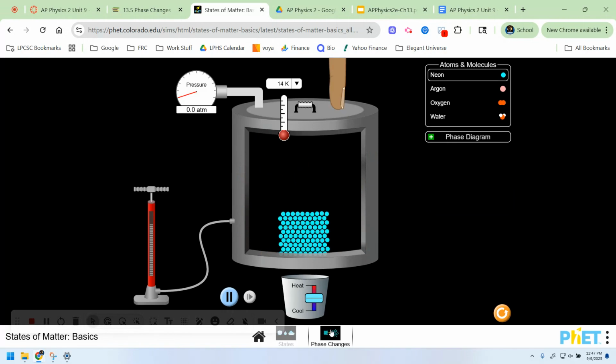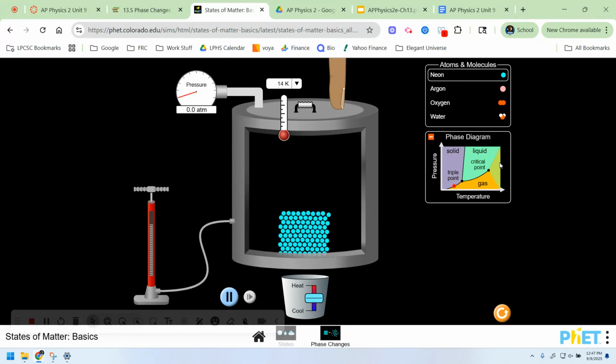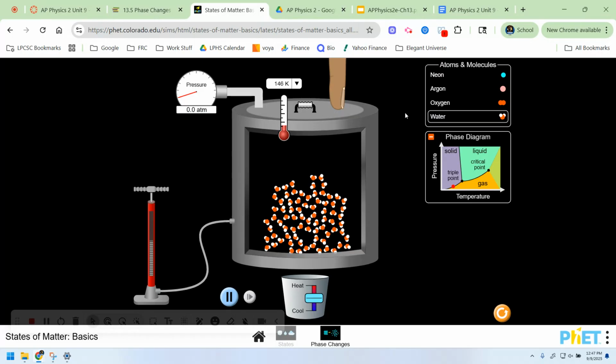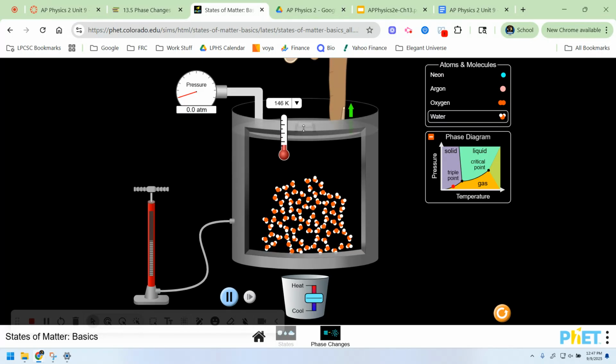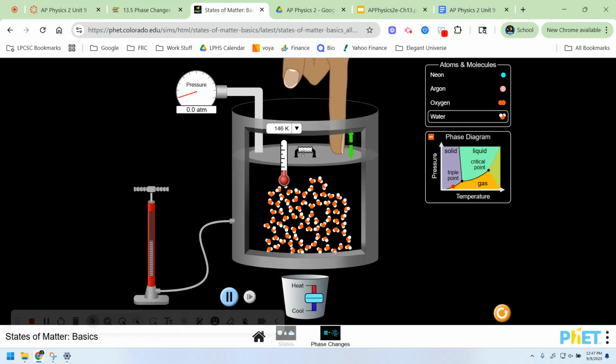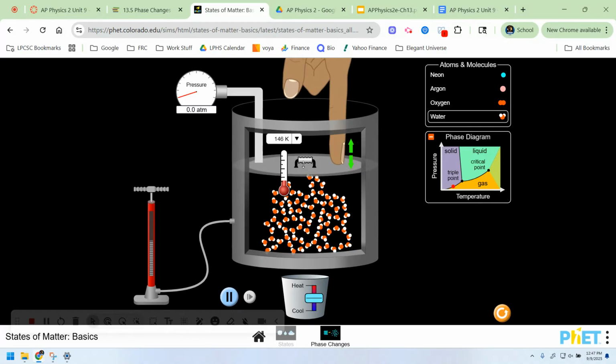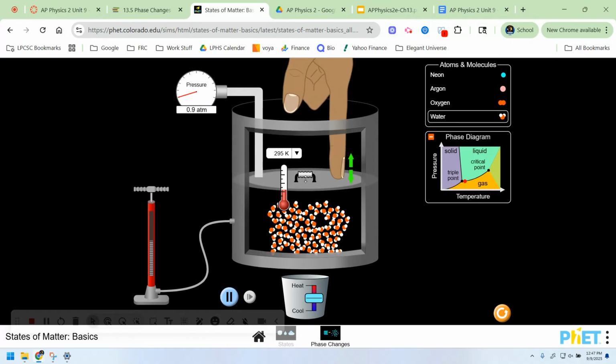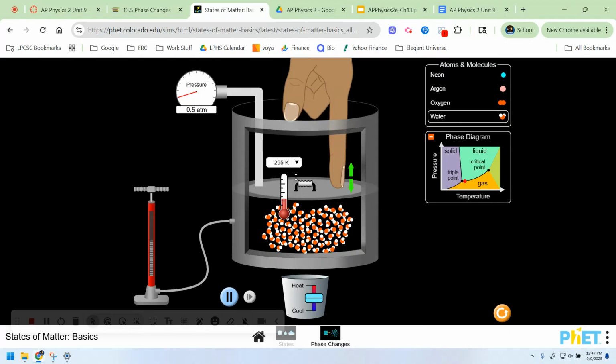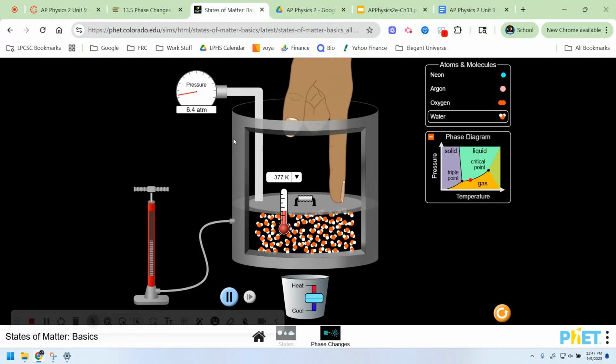If I want to go to phase changes, now this is a nice one because you can look at that phase diagram that we were talking about. And so I can increase the pressure, and then I can also decrease the volume. So I'm going to put water in there. If I decrease the volume, and I keep going, and I keep going, notice that my pressure is increasing. Why?